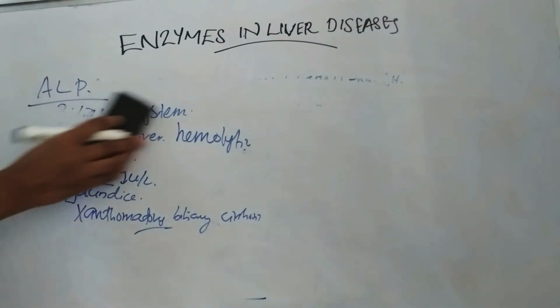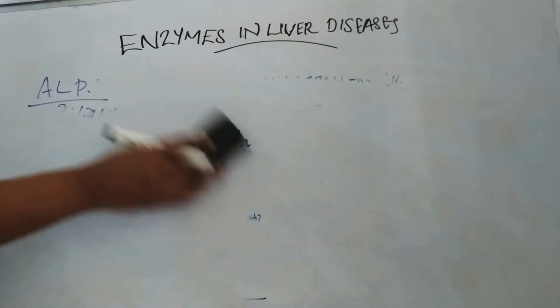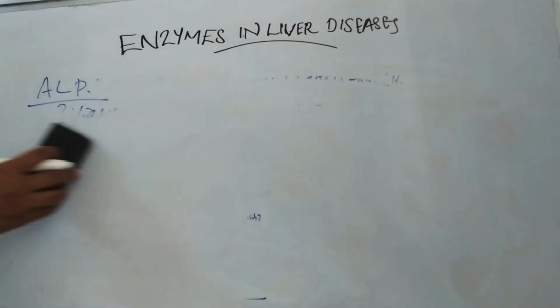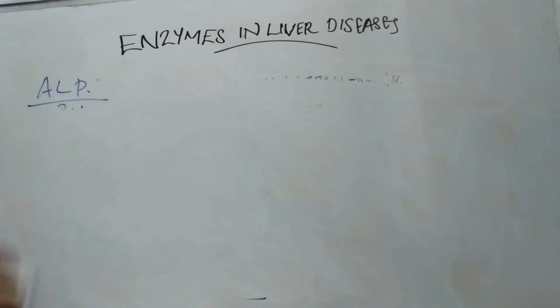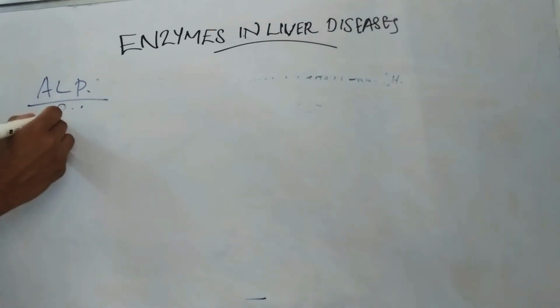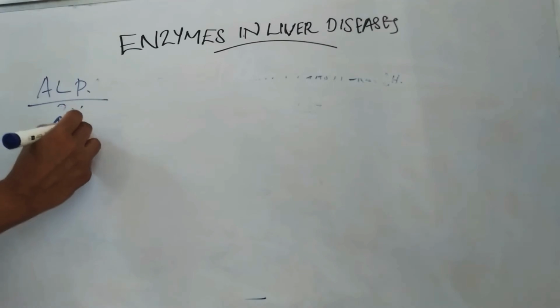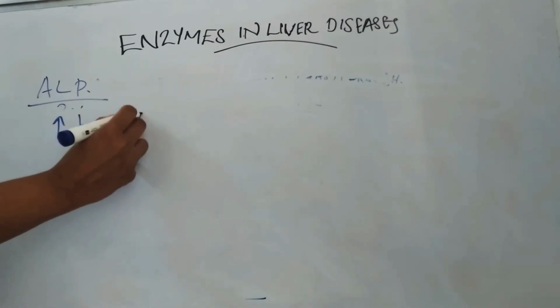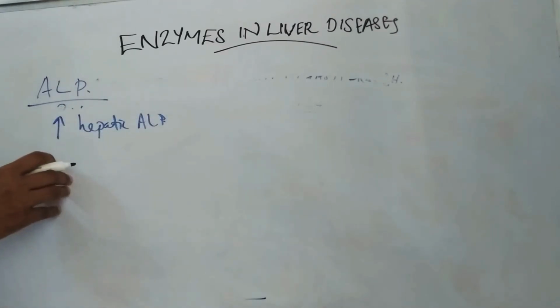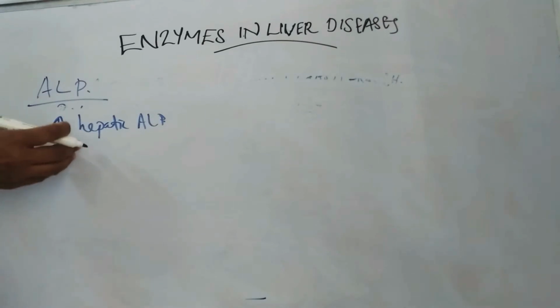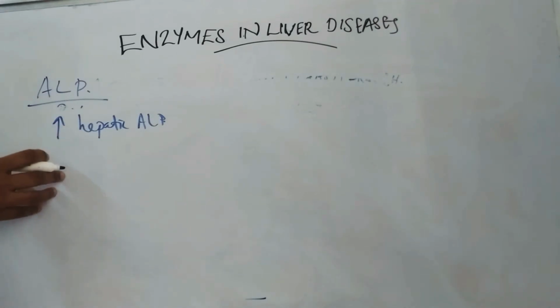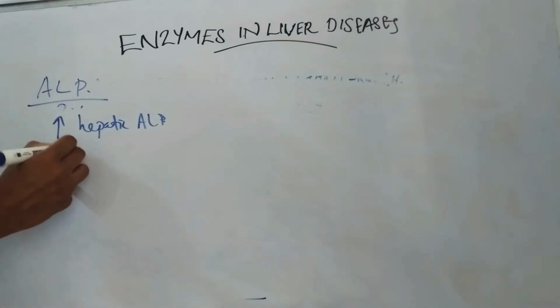Increased ALP activity is mainly due to increased synthesis of hepatic ALP. The stimulus for this increased synthesis is mainly bile duct obstruction.